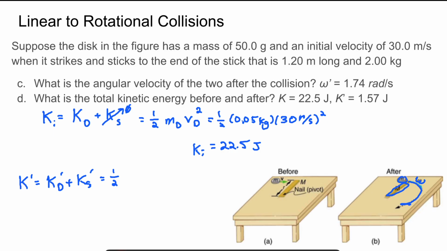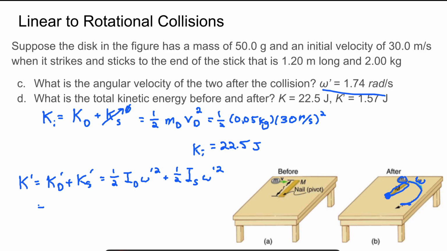That means now we can get their rotational kinetic energies. We'll take 1/2 times the moment of inertia of the disk around that axis of rotation times the final angular velocity squared, which we already found. And we add that to 1/2 times the moment of inertia of the stick times that final angular velocity squared.